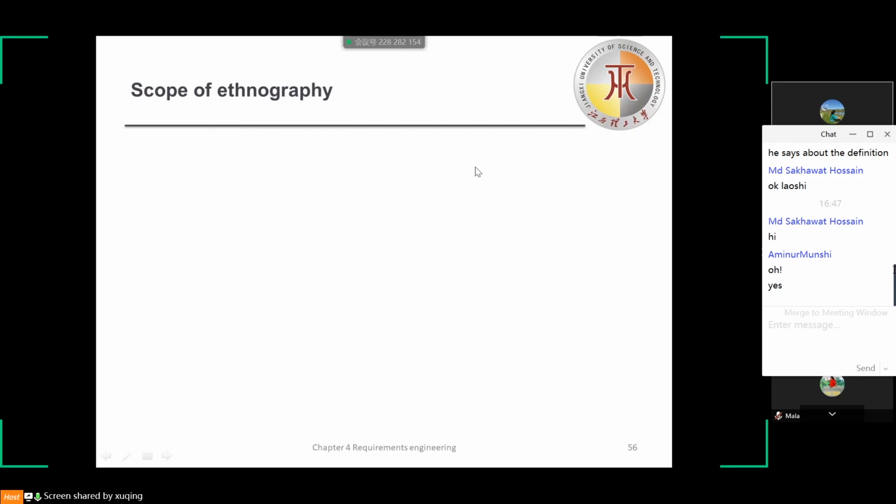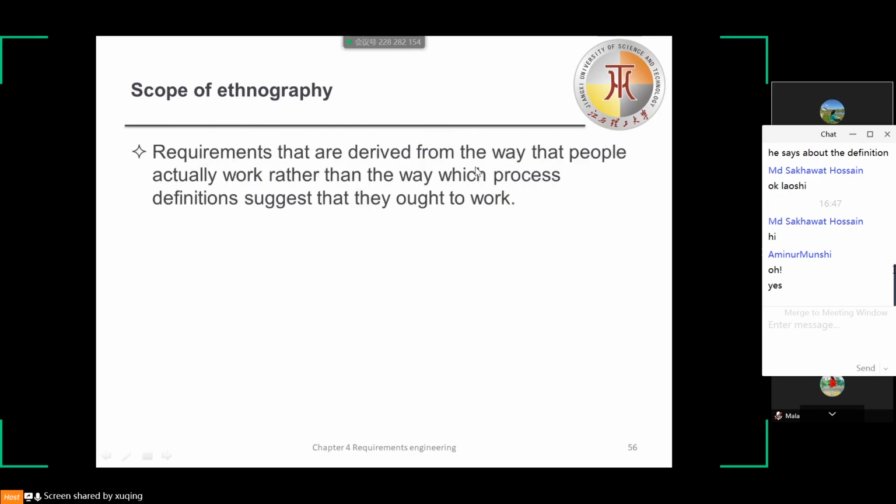This technique, ethnography, is particularly effective to discover two types of requirements. The first one is the requirements that are derived from the way that people actually work rather than the way in which process definitions say they ought to work. Okay, here we may take an example.